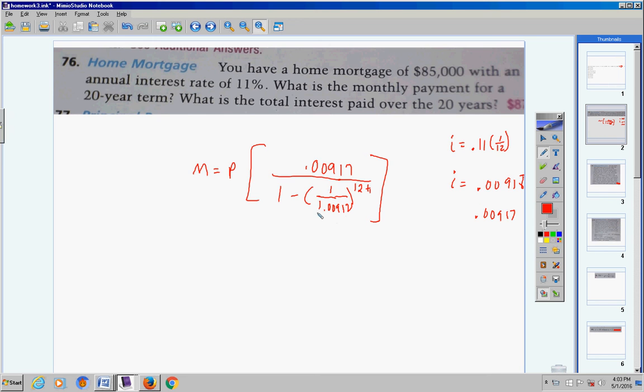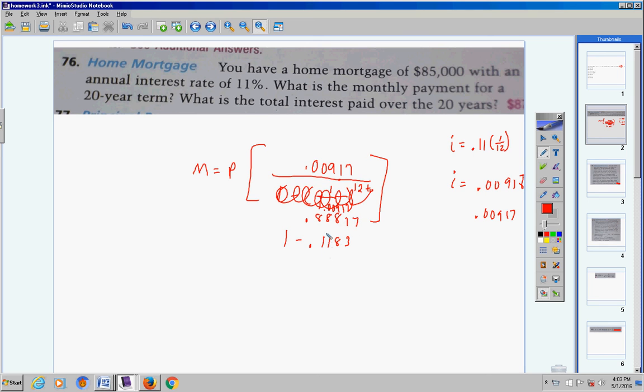This entire expression right here becomes 1 minus 0.11830539. I'll probably round that to 0.1183. So this entire denominator now becomes 1 minus this. And of course, 1 minus this is going to be 0.88817.